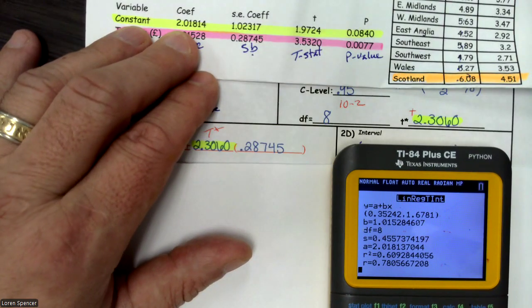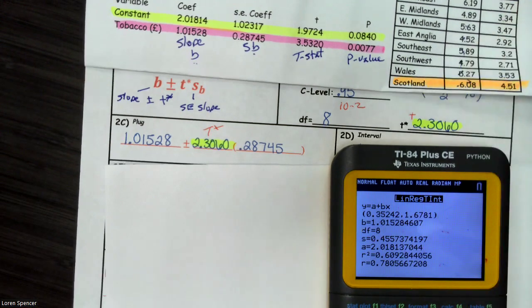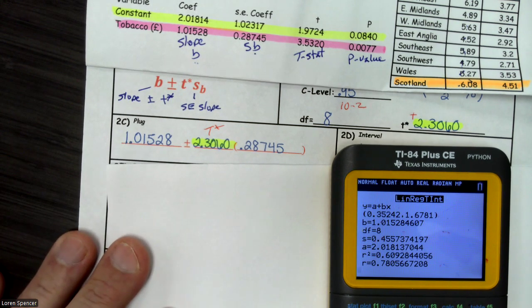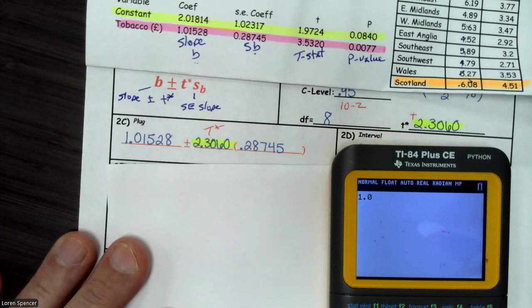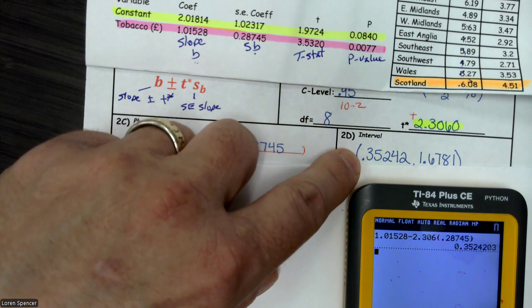Now, what happens if we don't give you the computer printout? I mean, what happens if we don't give you the data set? If we don't give you the data set, you can't do what I just did, and you're going to have to go about doing it the hard way. So in this case, the hard way is 1.01528 minus 2.306 times 0.28745, and there it is, 0.35242.